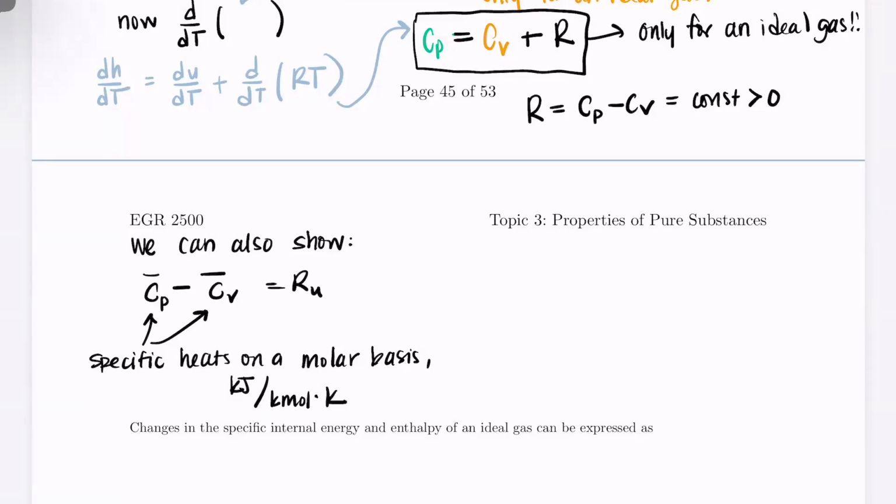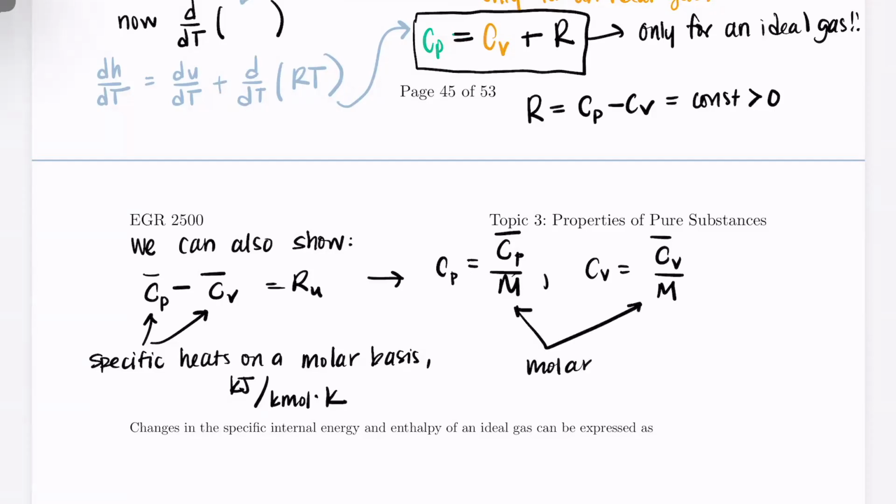All right, so Cp is equal to Cp bar over m, and then Cv is equal to Cv bar over m. So m is the molar mass again.